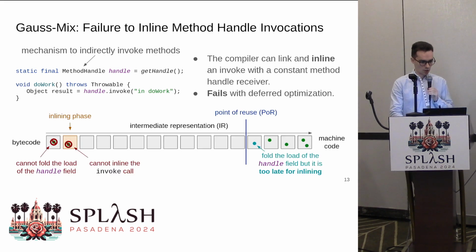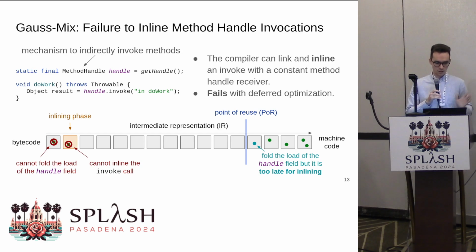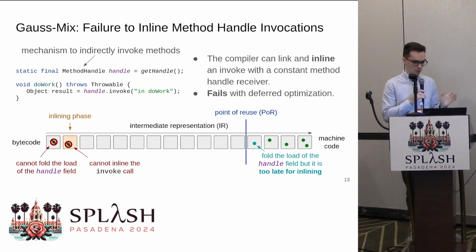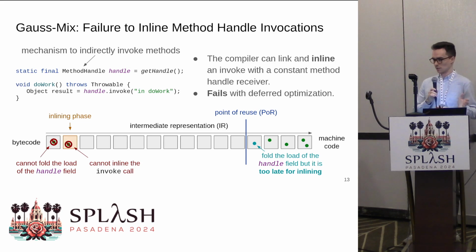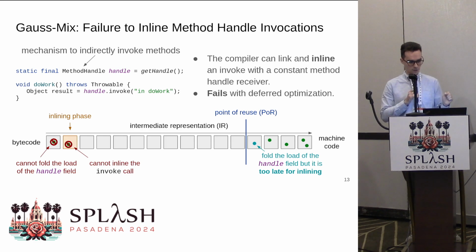So why is that? The problem is that for this code example, at the beginning, we cannot fold the load of the handle field because we disabled field folding. So the handle is not a constant.